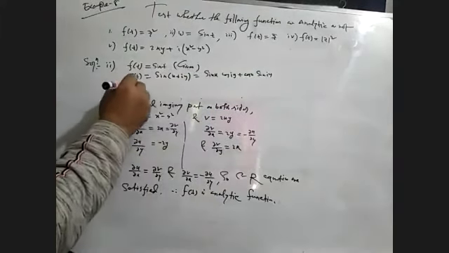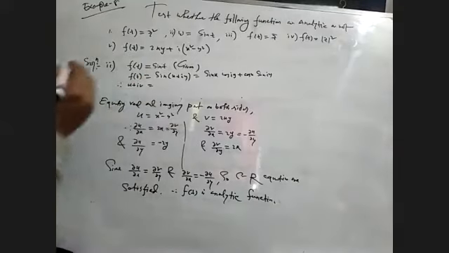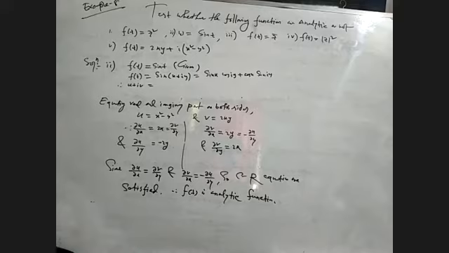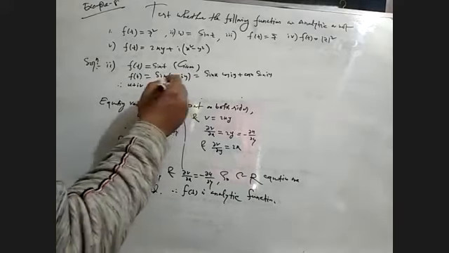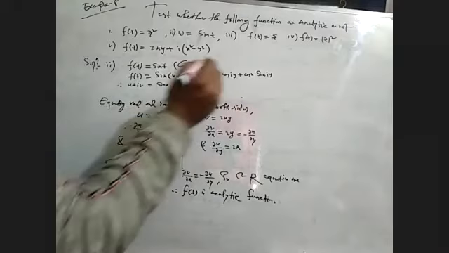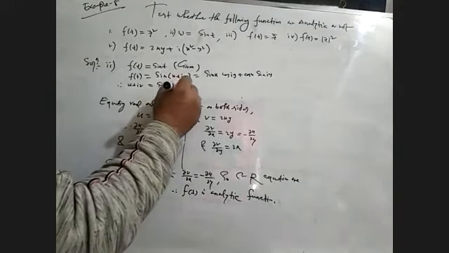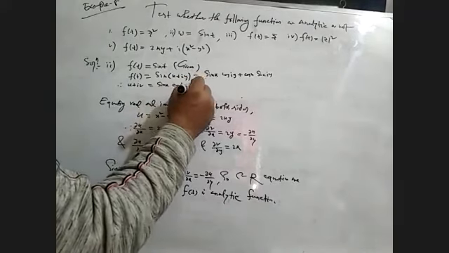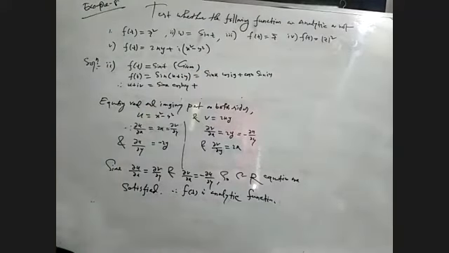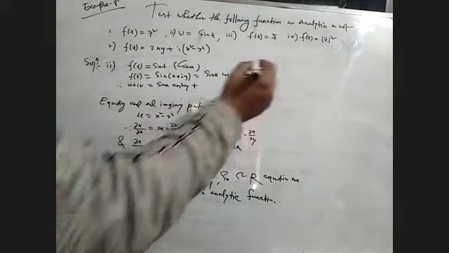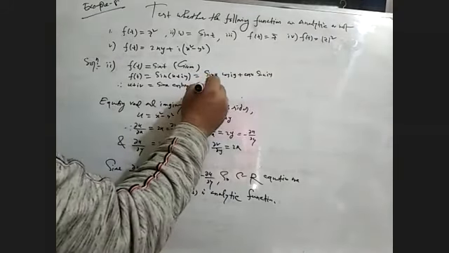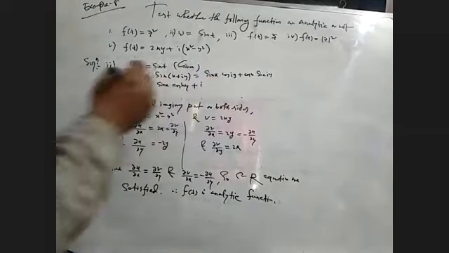Therefore, u plus iv equals, we can write, sin x cos iy, and cos iy means what? cos hyperbolic y, from the complex numbers, plus cos x sin iy, and sin iy means what? i sin hyperbolic y.